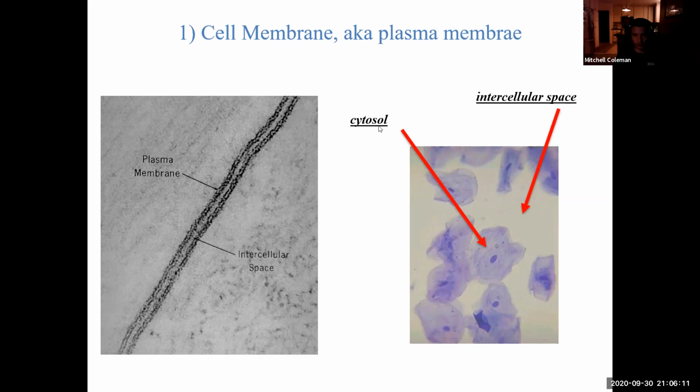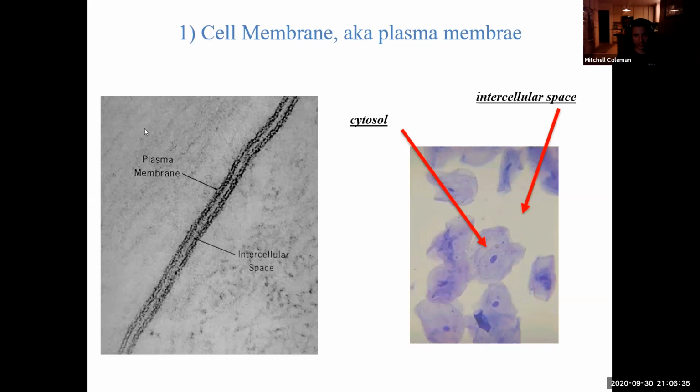Which is also called the cytosol. So inside of a cell, anything that's not an organelle is called the cytosol. So that's a key term for you right there. We're looking at the cytosol right here. Versus right here on the outside, we're looking at the intercellular space, the space that's actually between individual eukaryotic cells.